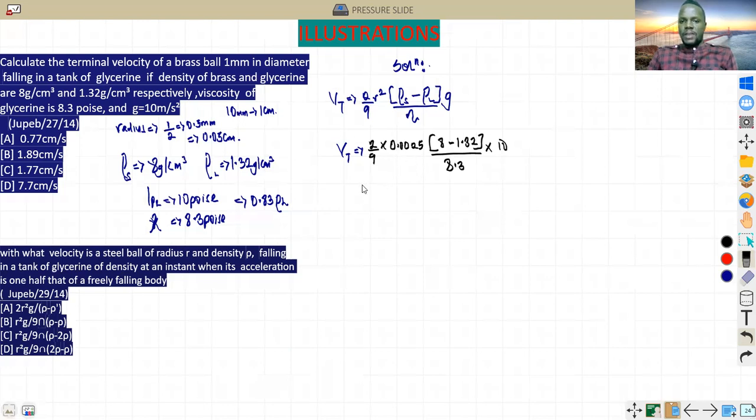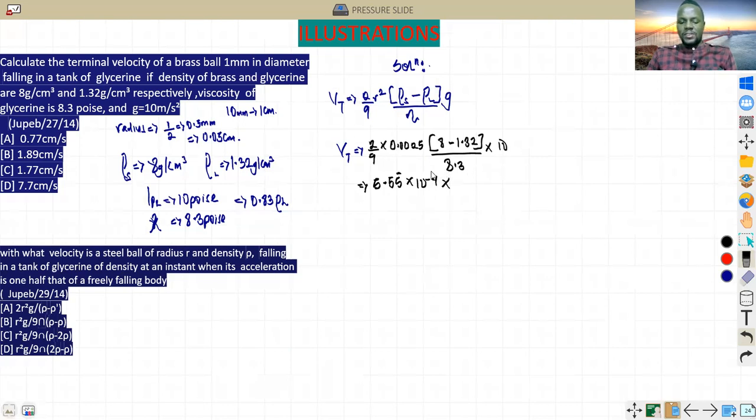What I have here from my calculator is 5.55 repeating. I'm multiplying that by 10 to the power of -4. Then I will multiply all the answer by, look at this, guys. I will subtract 8 minus 1.32, which we need to do.